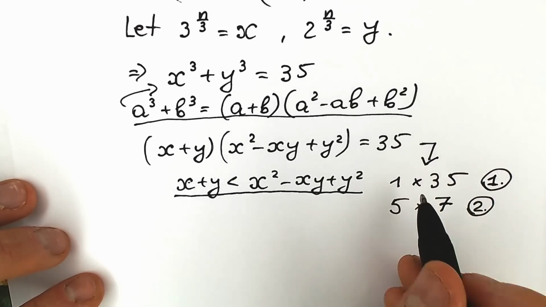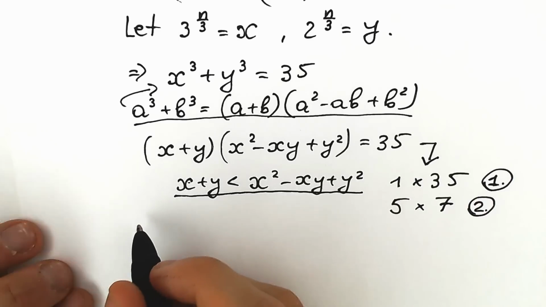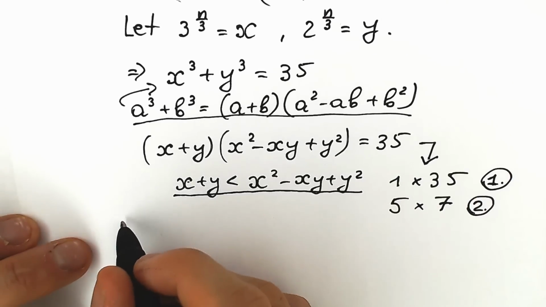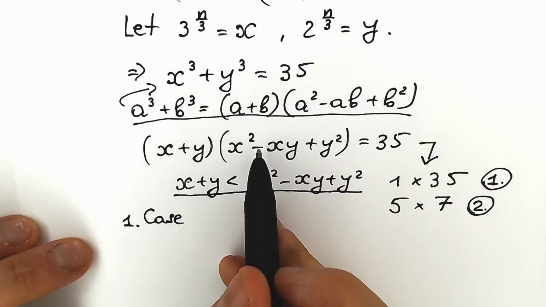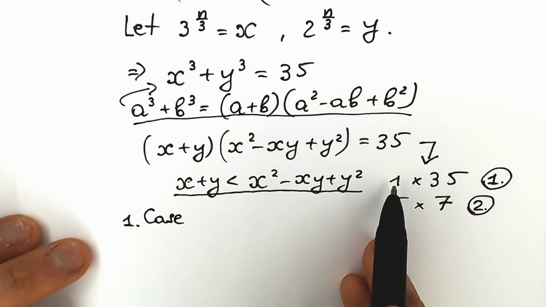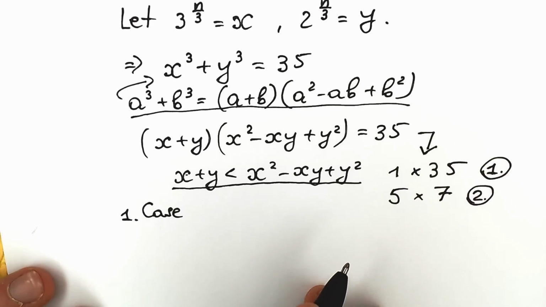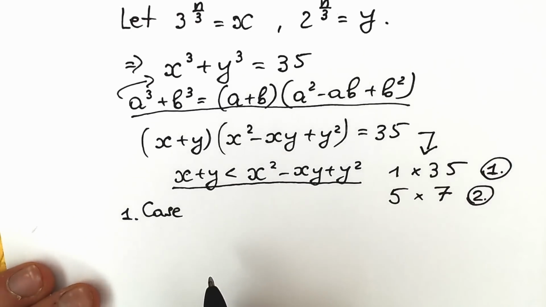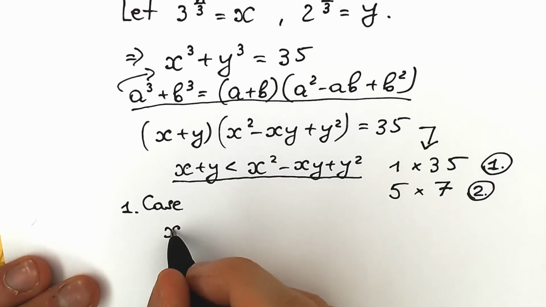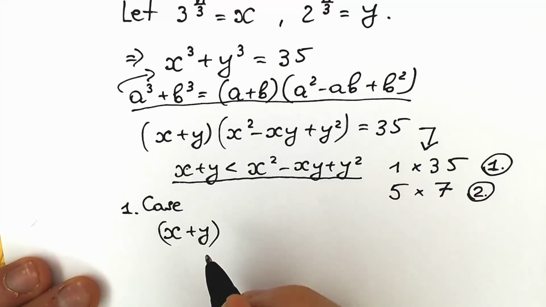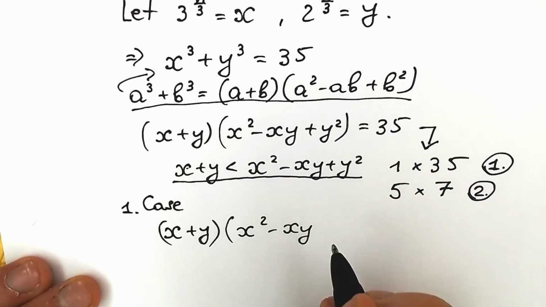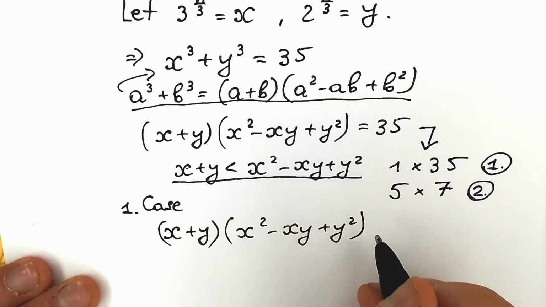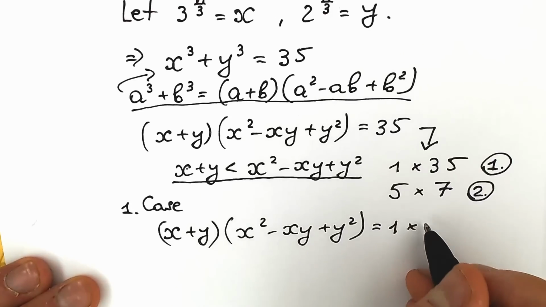So right now, let's start with the first case. This parenthesis is less than this one, so x plus y equals 1. Let's write our full equation. We have x plus y times x squared minus xy plus y squared equal to 1 times 35.